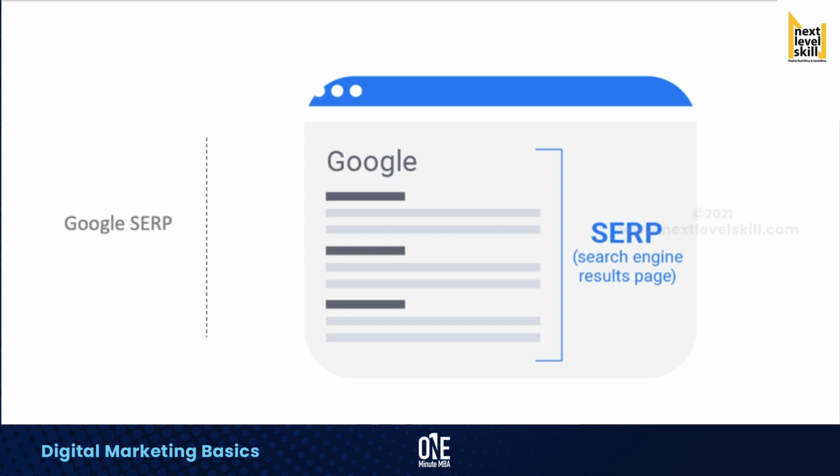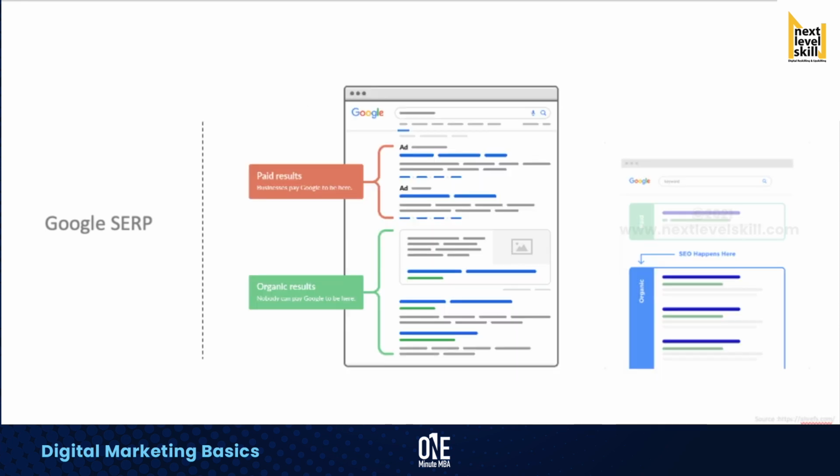A snippet means a small description. So this is how a search engine result page looks. Let us see how we can differentiate paid versus organic search. Search engine result pages are the pages that Google and other search engines show in response to a user search query.